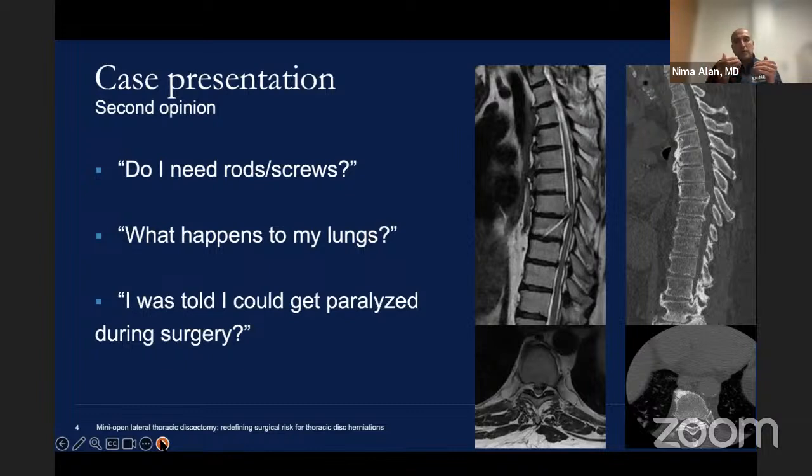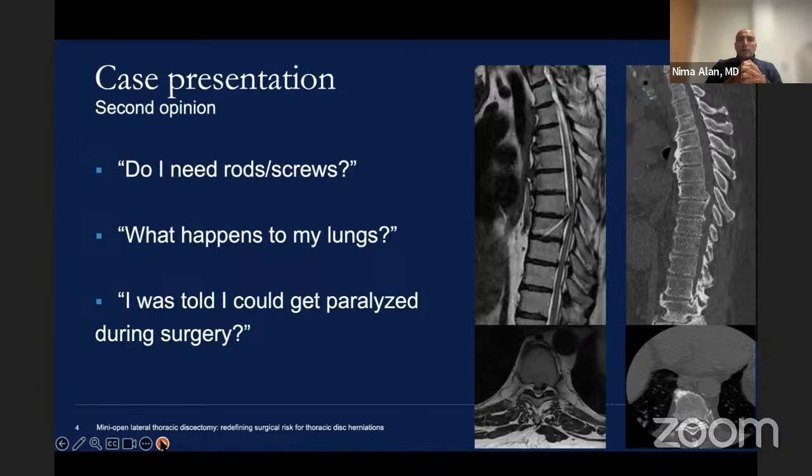When you do a lateral approach, intuitively patients want to know, what are you going to do with my lungs? The lungs are in the way. And surgeons who do this approach have to confront the potential complications of pneumo and hemothorax. We'll present a paper on that.